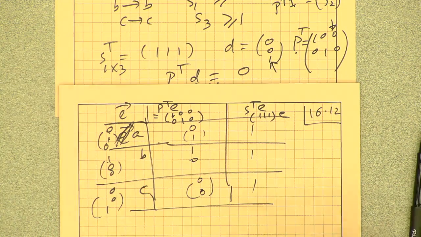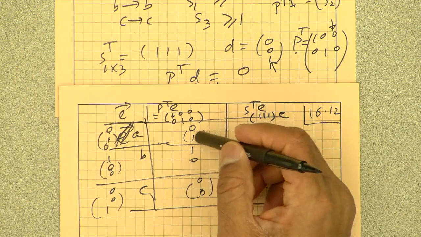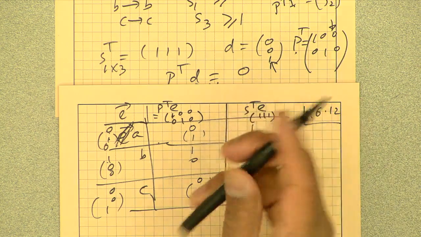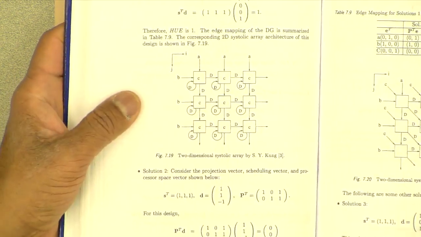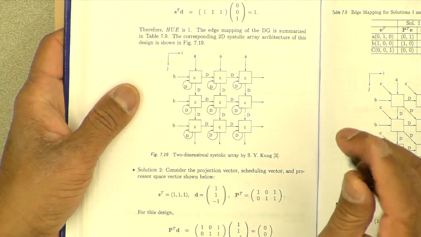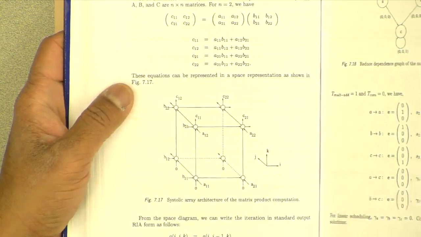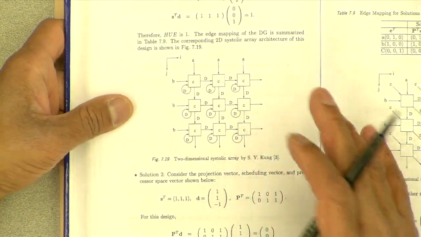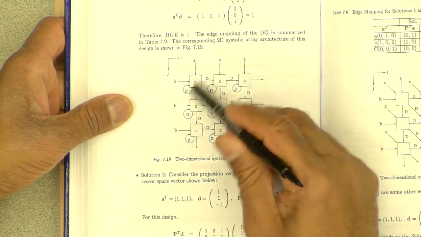Okay, so if we do that, then A moves, okay, instead of drawing this in detail, let me just show you the diagram in the book. Okay, that's the diagram for what I just showed.